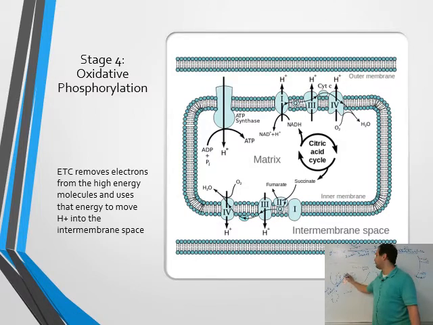Steals the electron, pushes hydrogen across. This continues until it reaches the most electronegative element that we have studied in this class, which is what? Oxygen. Oxygen is the final electron acceptor. We've created an electrochemical gradient here. The electron jumps to oxygen, O2, and that oxygen gets converted into water.